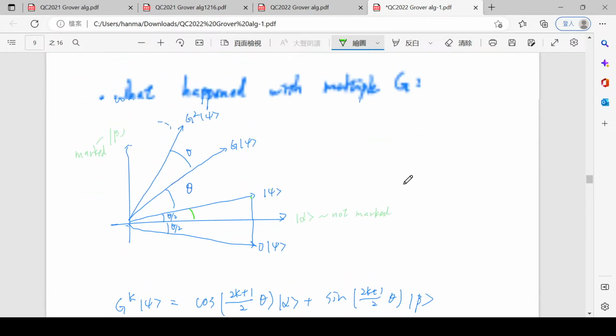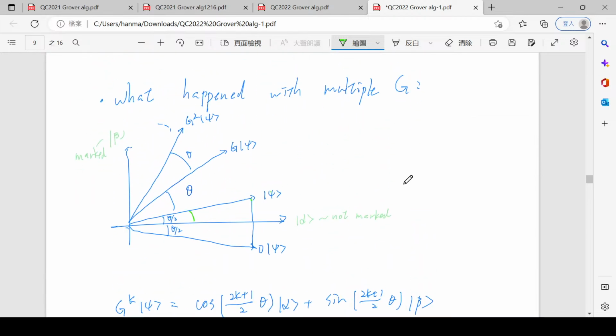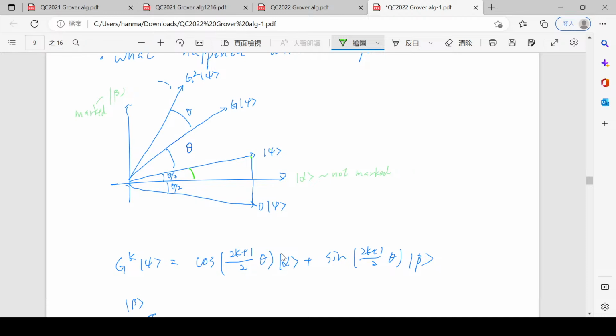And if you write down those in numbers, after you apply the iteration k times to your starting state, you will be some linear combination of alpha and beta, with cosine of an angle and sine of an angle, and the angle will be k theta plus 1 over 2 theta, so this is (2k plus 1) over 2 theta.